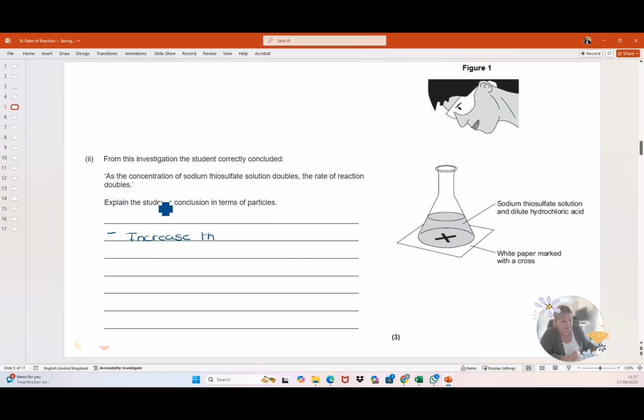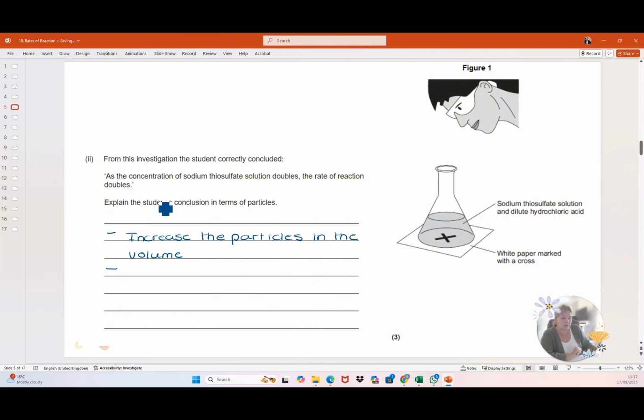So increase in concentration has increased the particles. We could say something in the volume, something like that. Yeah. You're going to get your mark from recognising there are increased particles.